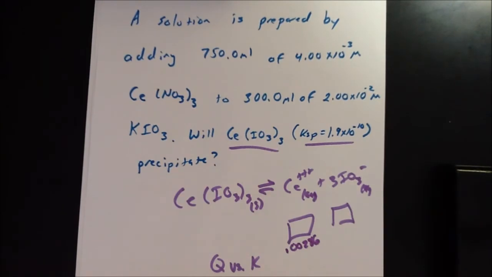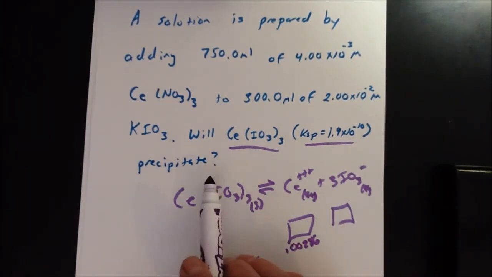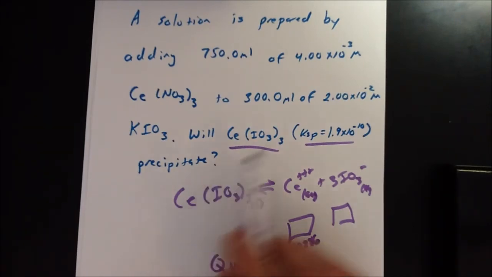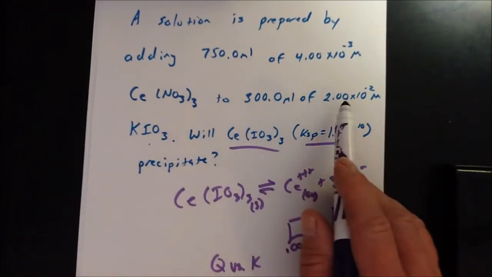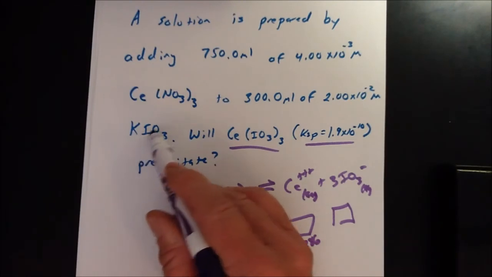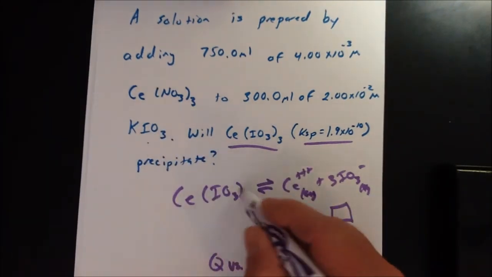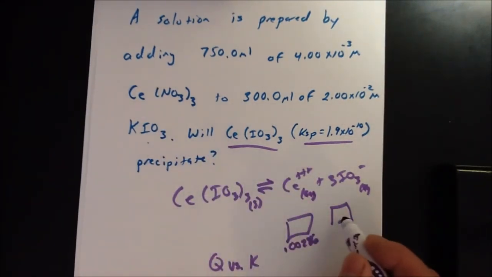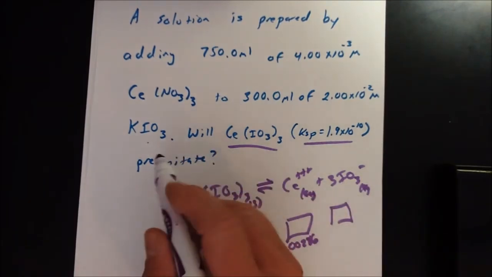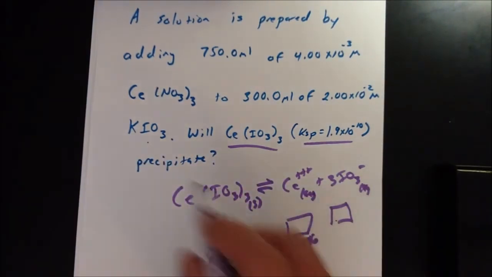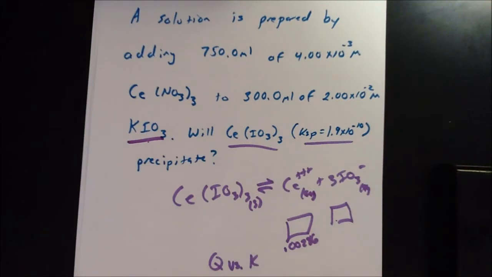And let's go to the IO3 minus concentration. The IO3 minus concentration comes from KIO3. Now again, when this ionizes, we only get one. We're not talking about this thing down here in 3. There will be a 3 that will be a factor here in a moment, but I'm not going to triple this because I just want to know the total IO3. Where did it come from? KIO3.